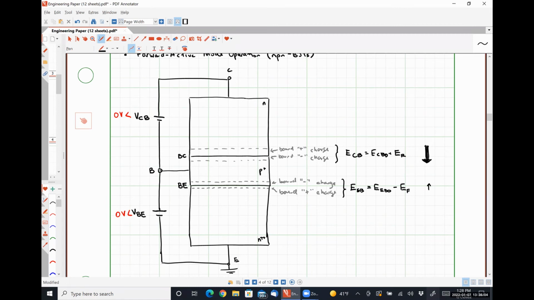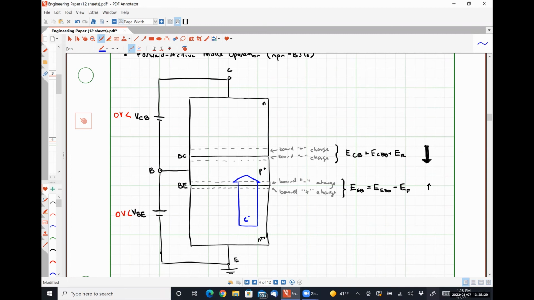All right, so let's talk about what's going on at the base-emitter junction. We should have electrons diffusing into the base, right?